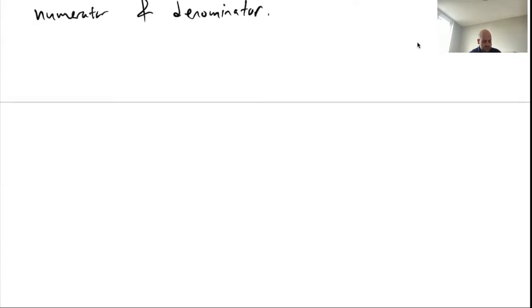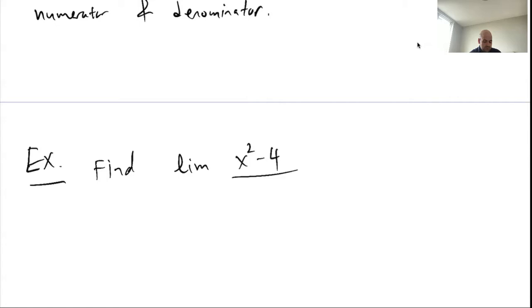So let me give you some examples. Let's start with a very simple one. Find the limit of x squared minus 4 over x minus 2 as x approaches 2. So what are the polynomials here?